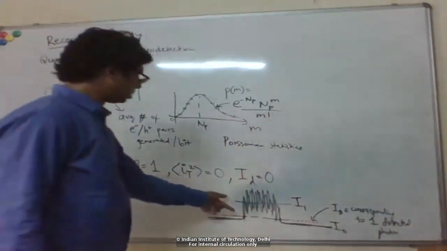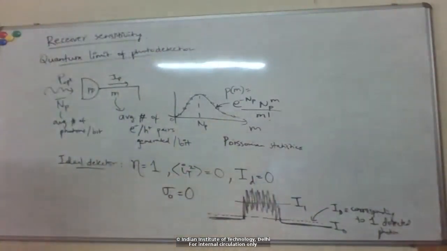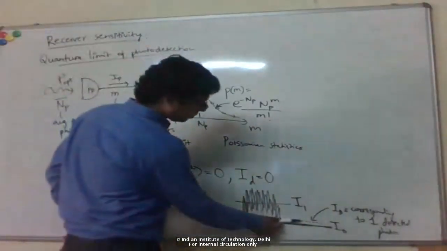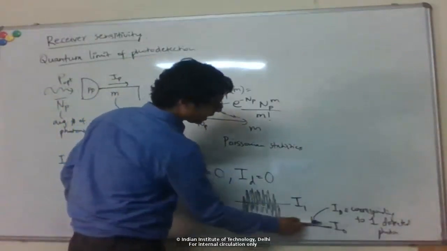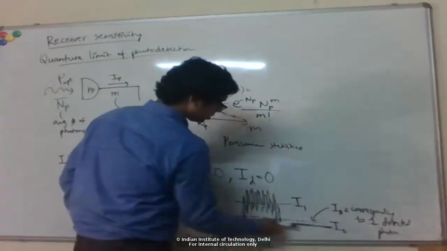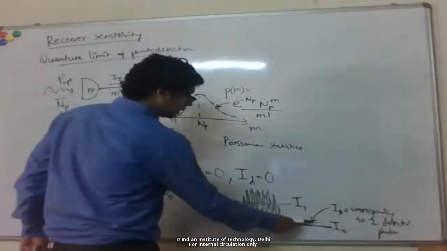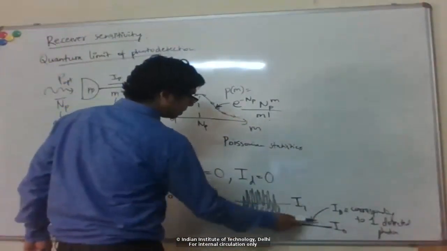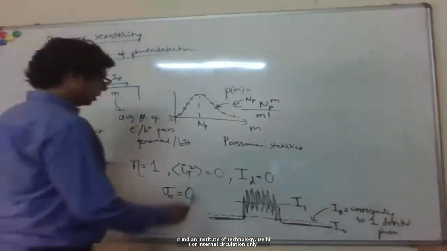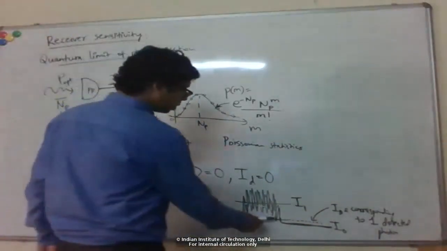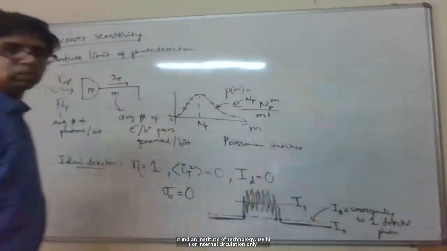That is the best way to set the threshold in this case, because now this threshold will be furthest away from the one level where all the noise is. This is the minimum threshold I can set: one detected photon. I can't set 0 because then there is no threshold. So in this limit of the ideal detector, I don't want to set the threshold somewhere in the middle. I want to set it as low as possible, which is basically one photon.